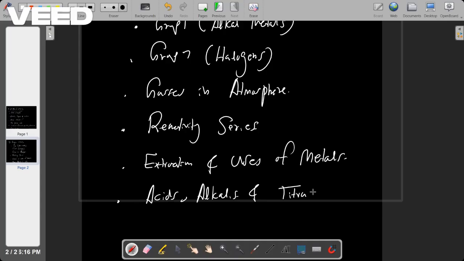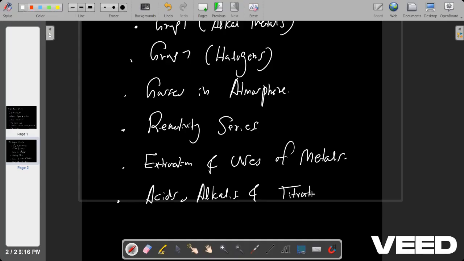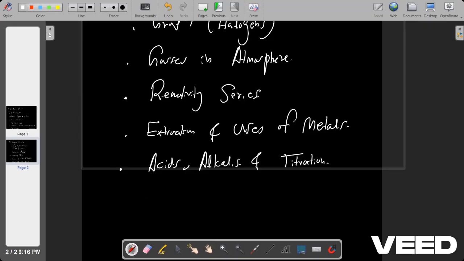What titrations are, you guys must have studied a bit under chemistry in the middle school. Metal extractions you are also learning, right? But here we are learning more theory, more science about it. More than just facts, we are learning the science behind it, right?